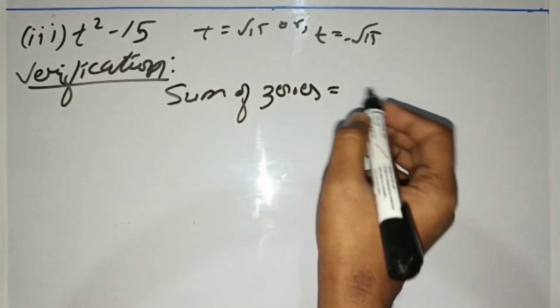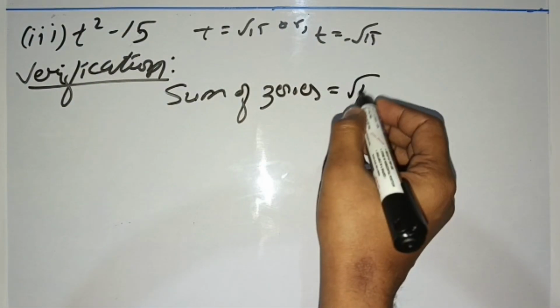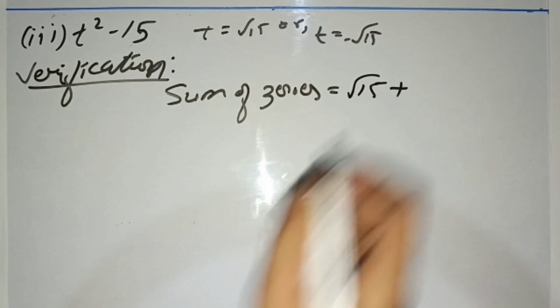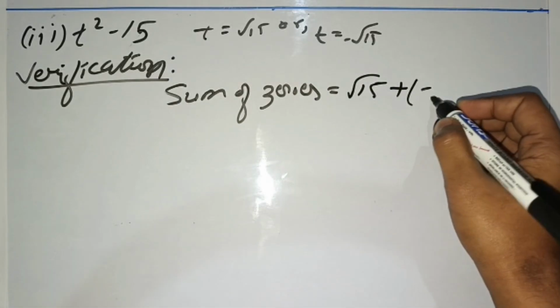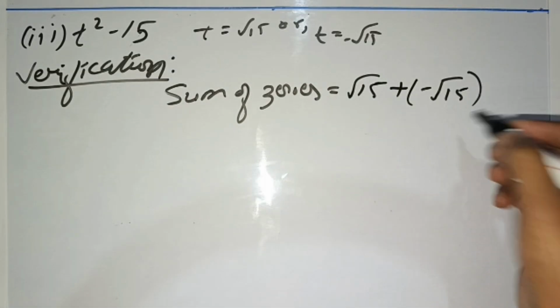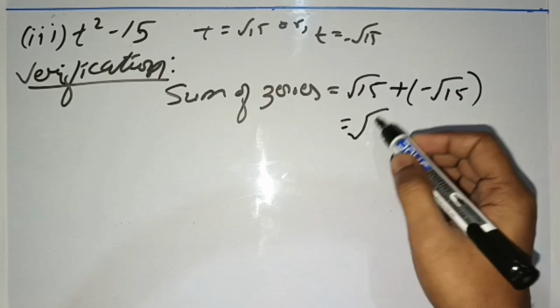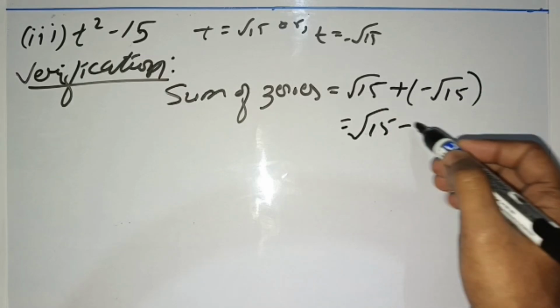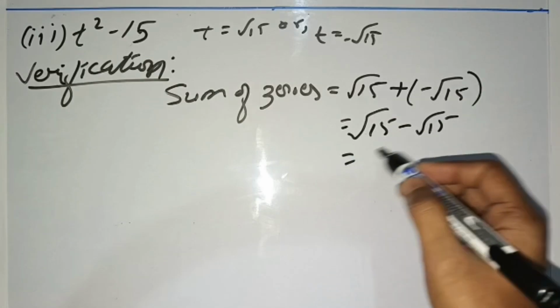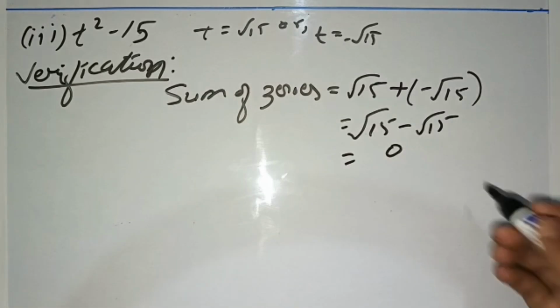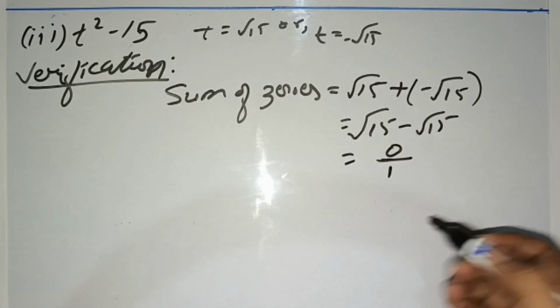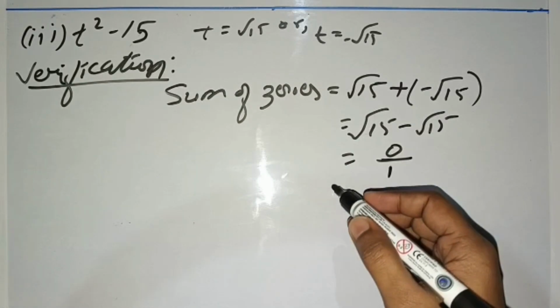So sum of zeros, that means root 15 and minus root 15. Sum means plus, so root 15 plus minus root 15. So root 15 plus into minus is minus root 15. Root 15 minus root 15 will be 0. And denominator, it will be 1 only.